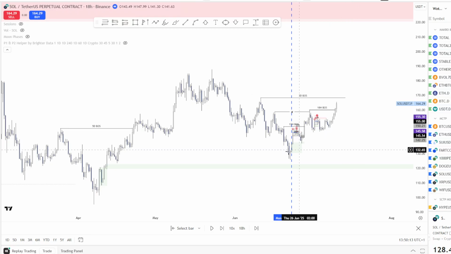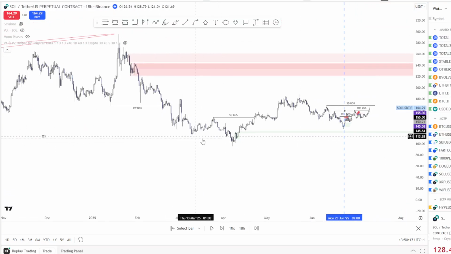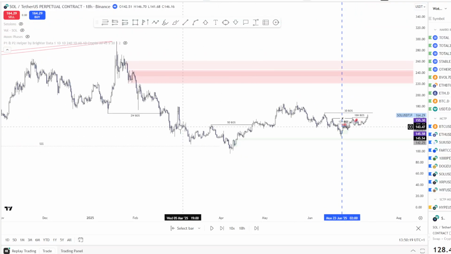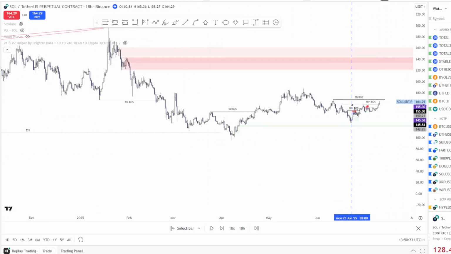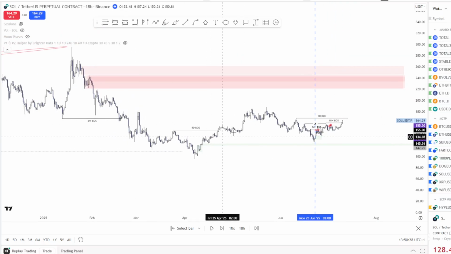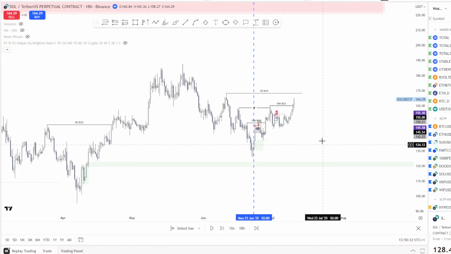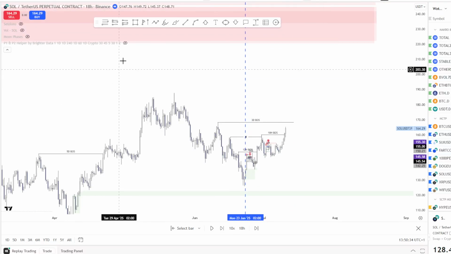Why? Because there was not a valid accumulation. We had here some sort of an accumulation, but not a really clean one. And this, yeah, well, this was 33 days, but this is not bullish at all for the price.